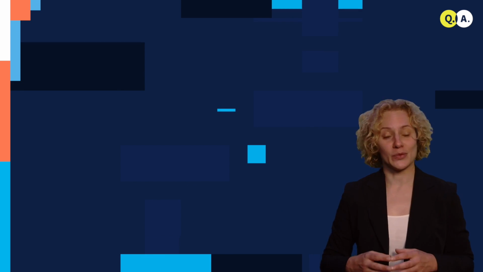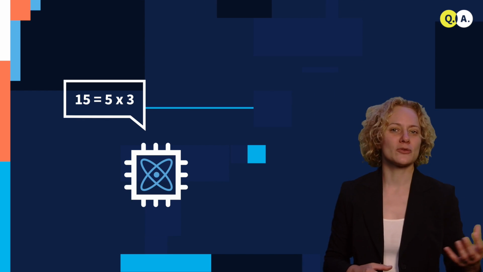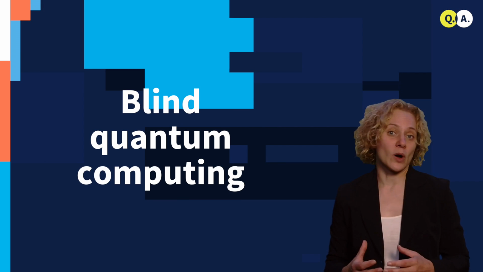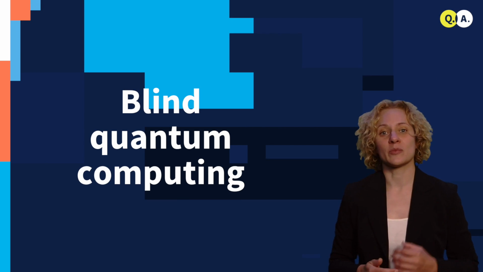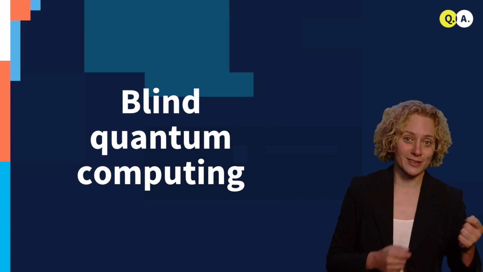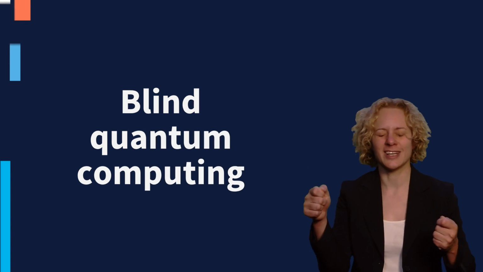So the quantum computer will not know whether you're trying to factor a number or whether you're trying to perform a computation on some piece of DNA. This is known as secure delegated quantum computing, or blind quantum computing, and it requires a quantum internet to transmit qubits from the quantum terminal to the quantum mainframe in the cloud.